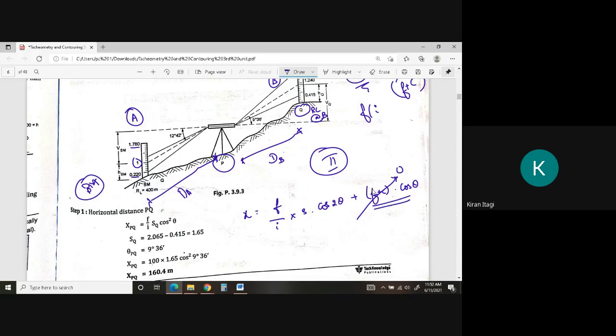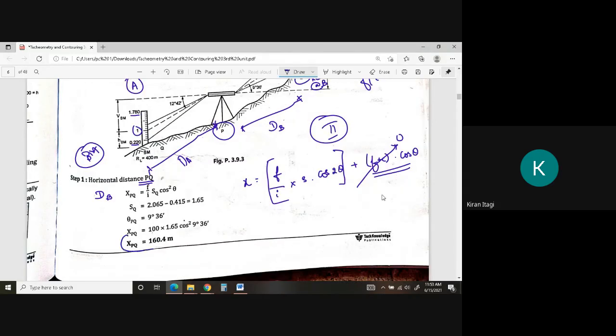We are left with only f upon i multiplied by s cos 2 theta. So the horizontal distance between P and Q, that is A and B, this distance I will call dB. So we have f upon i s cos square theta. Okay, so substitute the values.